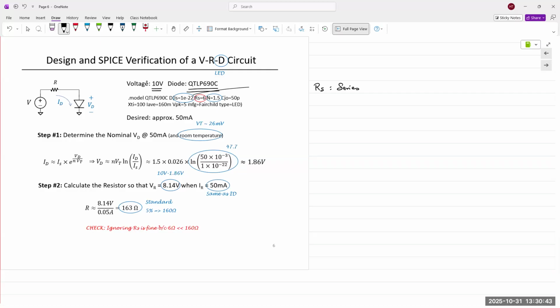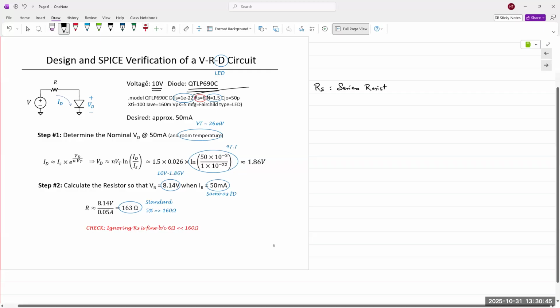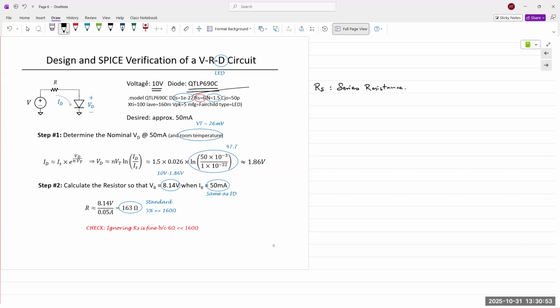This is typically very small, and for the most part, we ignore it or we take it only as 1 or 2 ohms. And N is given as 1.5. There are a few other things in there that you won't worry about. Again, that's for E315. Right now, you're not studying the diode as a device. You're simply using the diode as an off-the-shelf component to apply to different applications.